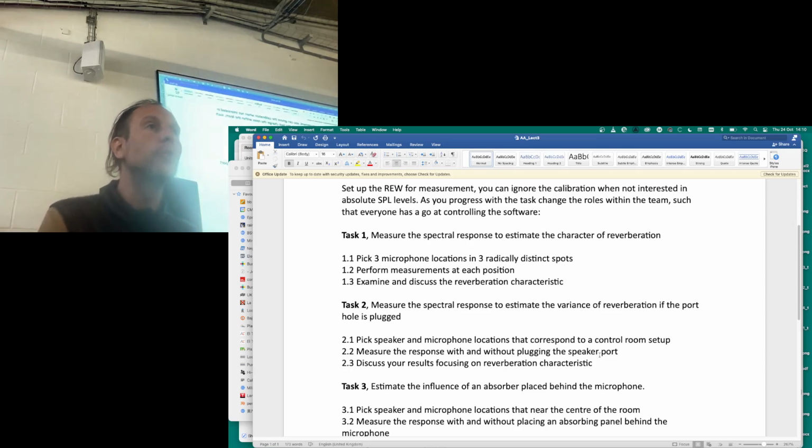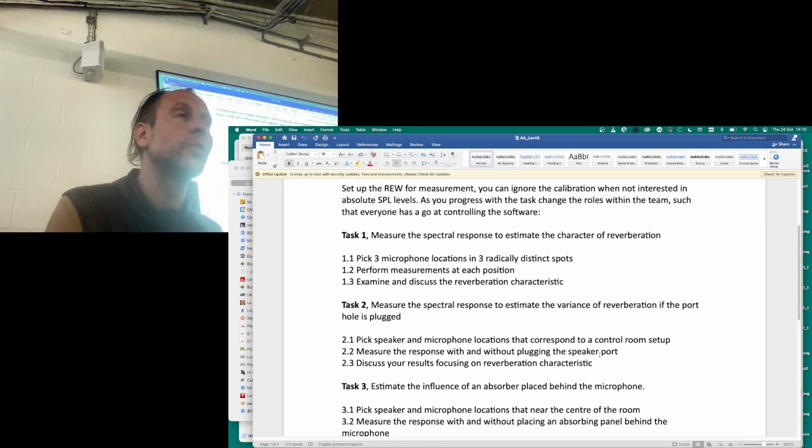So if you have a well-controlled room where the base decay times are low, then the port will be measurable. Now, whether it's audible or not, that's a different topic altogether. But in fact, I will increasingly ask you to also assess things with audition.